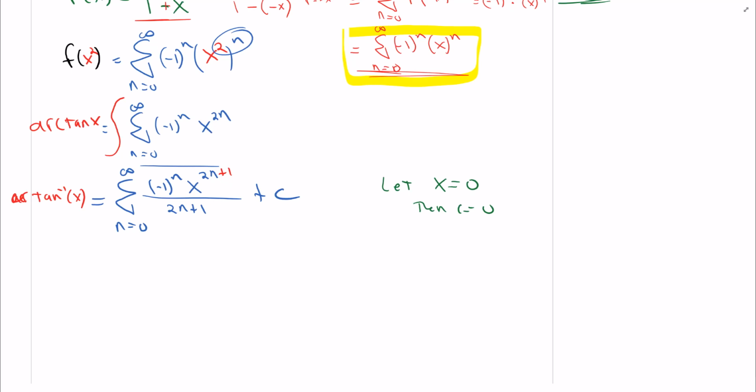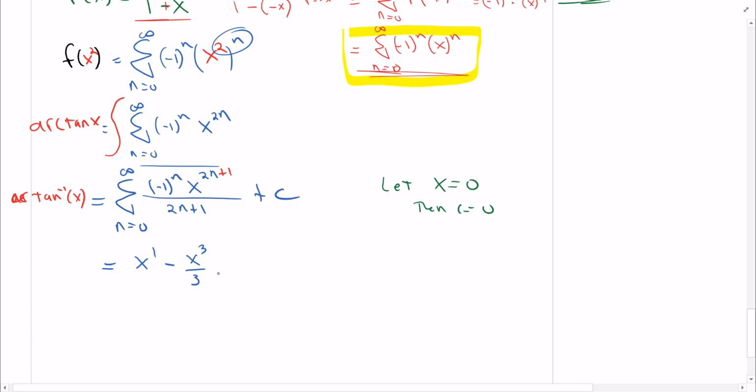If we wanted to write out the first few terms to actually approximate it, we just start plugging in numbers. Plug in 0, it's going to be positive x to the 1 over 1. If I plug in 1, it's going to be negative x to the 3 over 3.